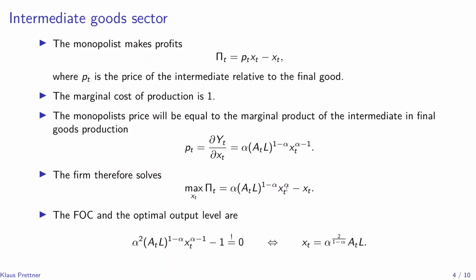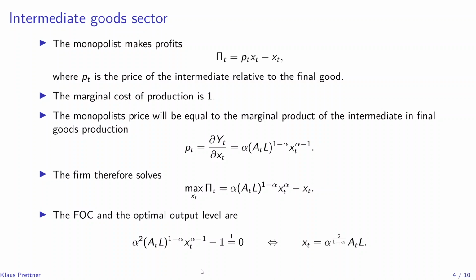Here the exponent gets reduced by 1, and here the derivative of x_t with respect to x_t is 1, so we have minus 1 here, and this has to be equal to 0 for a profit maximum, and we can then solve this for the optimal output level of the intermediate goods producer if we bring x_t to the left hand side and all the rest to the right hand side. And that solves for x_t as a function of A_t times L multiplied by a constant term that is equal to alpha to the power of 2 divided by 1 minus alpha.